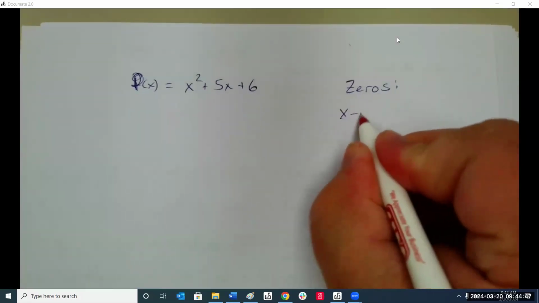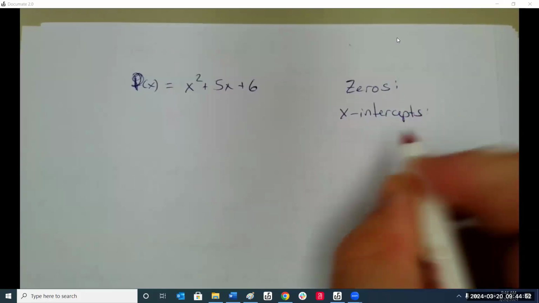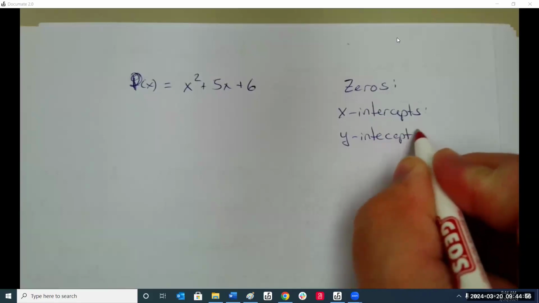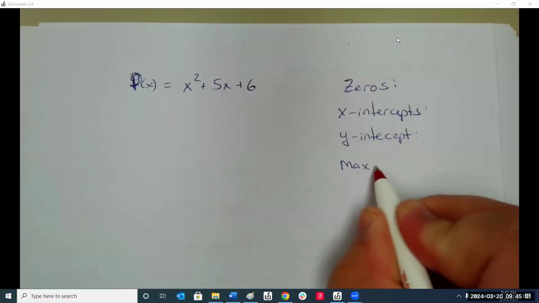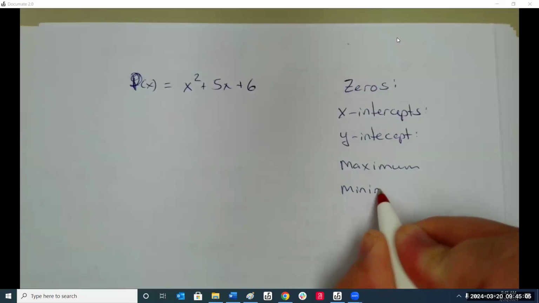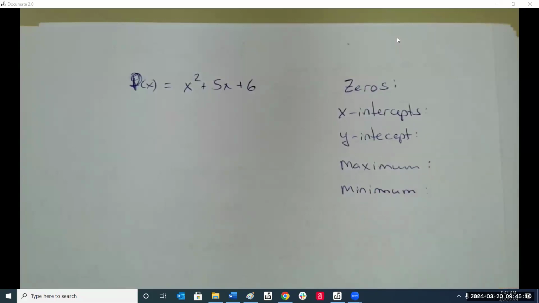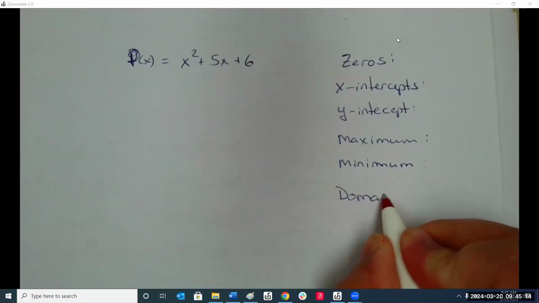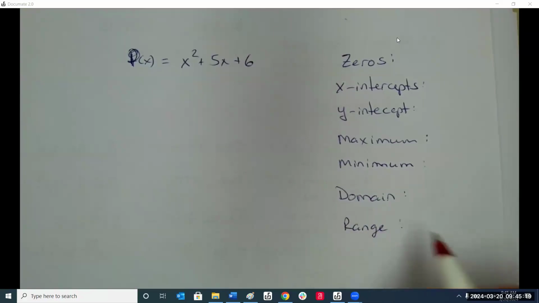You could tell me the x-intercepts. You can tell me the y-intercept. The maximum, the minimum, the domain, the range.